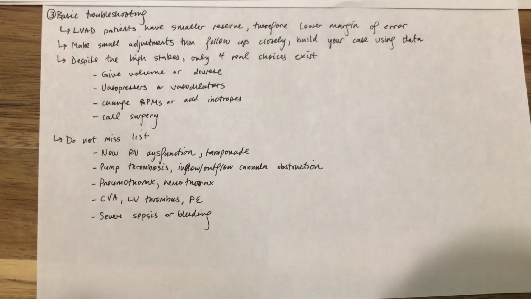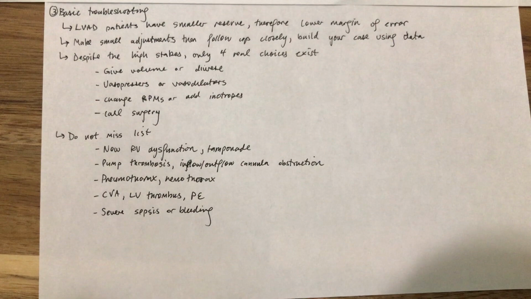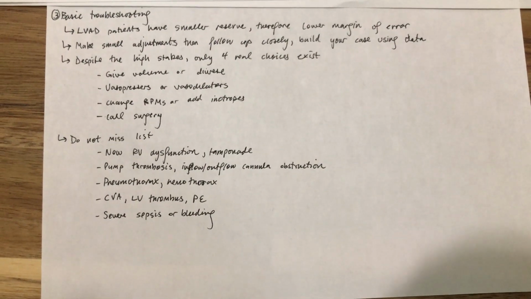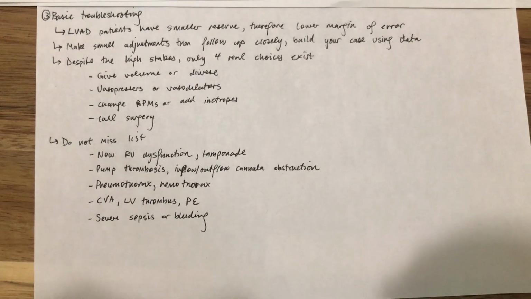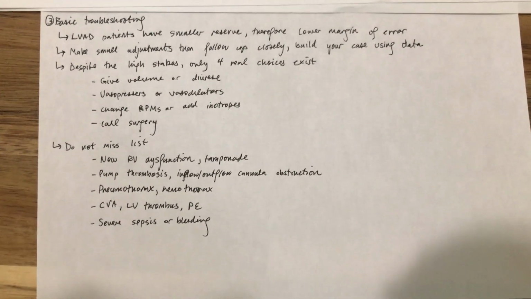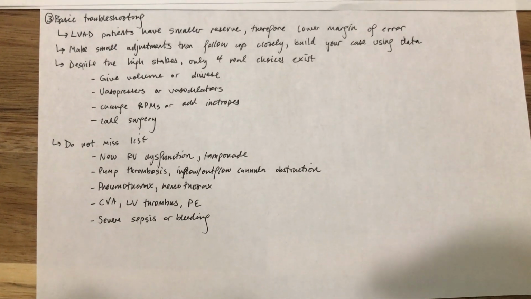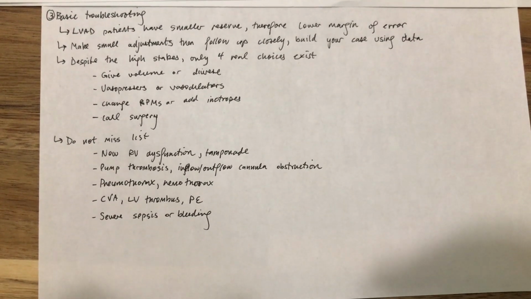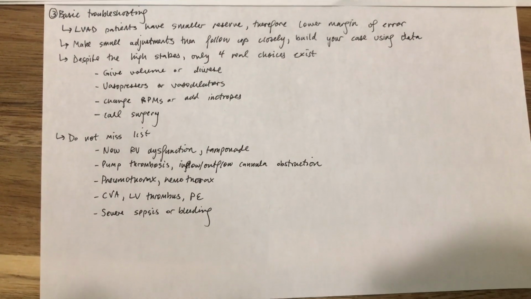You can change the output of the heart by increasing or decreasing the RPMs or adding inotropes, or if it's a surgical issue, you can call surgery. So despite the complexity of these patients, you don't really have that many decision points, and you can use this to your advantage to hedge your bets well and make yourself more likely to be correct.